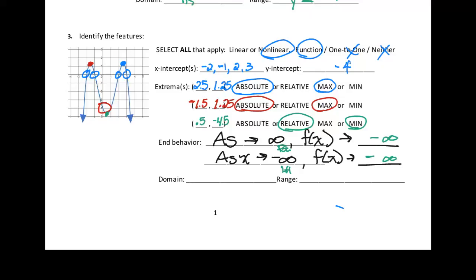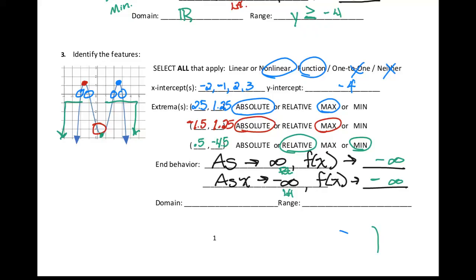See that? You go to the right, it's going down. You go to the left, it's going down. If they're both going down, that's negative infinity, negative infinity. If they're both going up, positive, positive. It's only when you have one that looks like this, you've got to really pay attention to which one's to the right, which one's to the left. Okay? All right, domain.